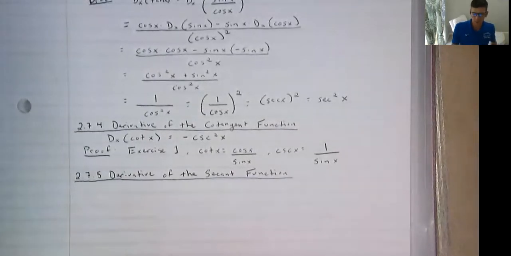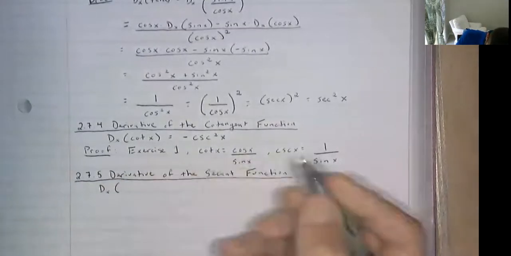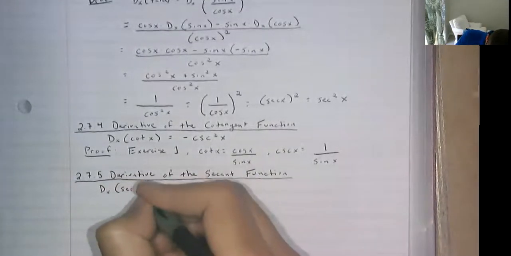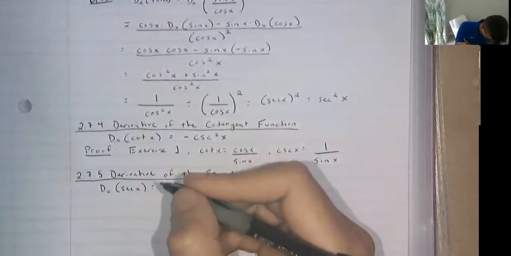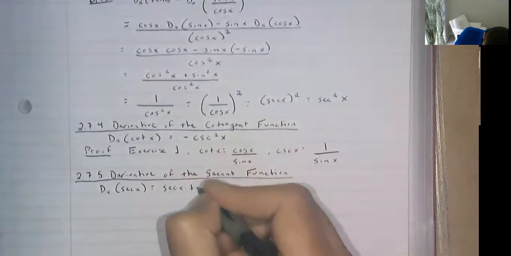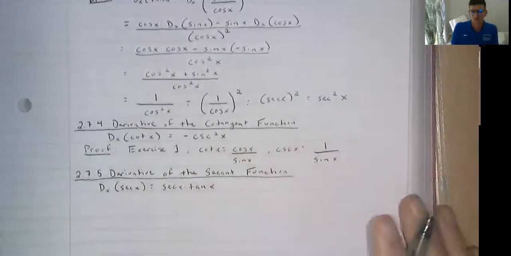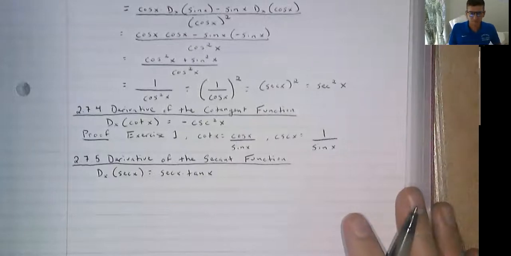It's always nice to know where we're going. Dx of the secant of x is equal to the secant of x times the tangent of x. Ew. That's kind of uncomfortable. That's okay. We'll get through it.